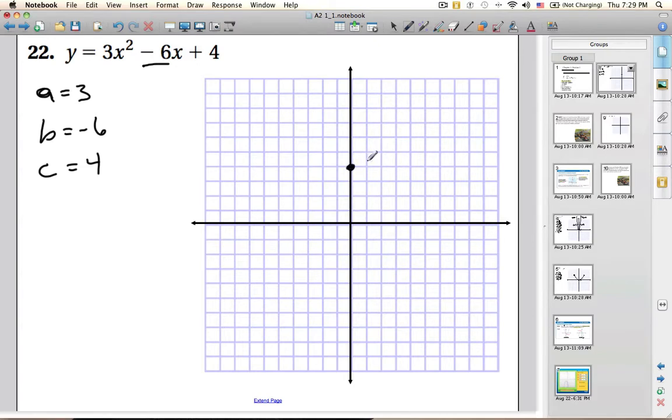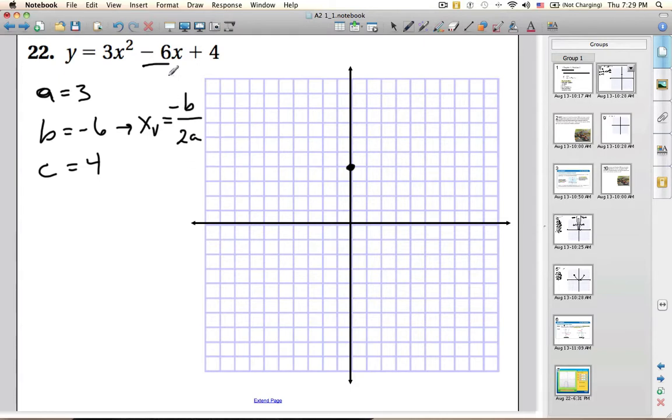Right? In any function, regardless of the type, in this case quadratic functions, if I plug 0 in for x, I'll find the y-intercept. Now, if I want to find the vertex, I'm going to take this b value, and I'm going to use this formula. The x-coordinate of the vertex can be found by taking the opposite of b divided by 2 times a.